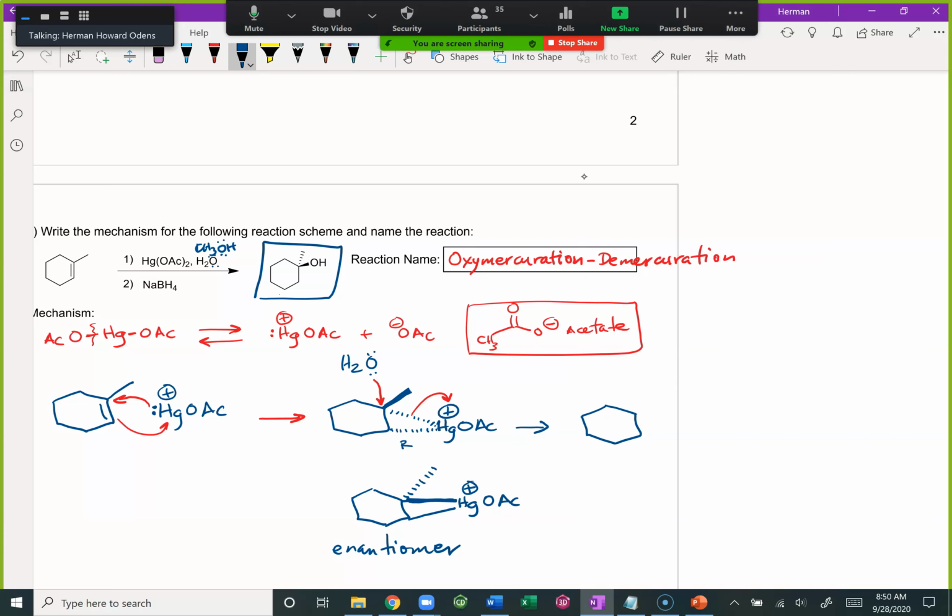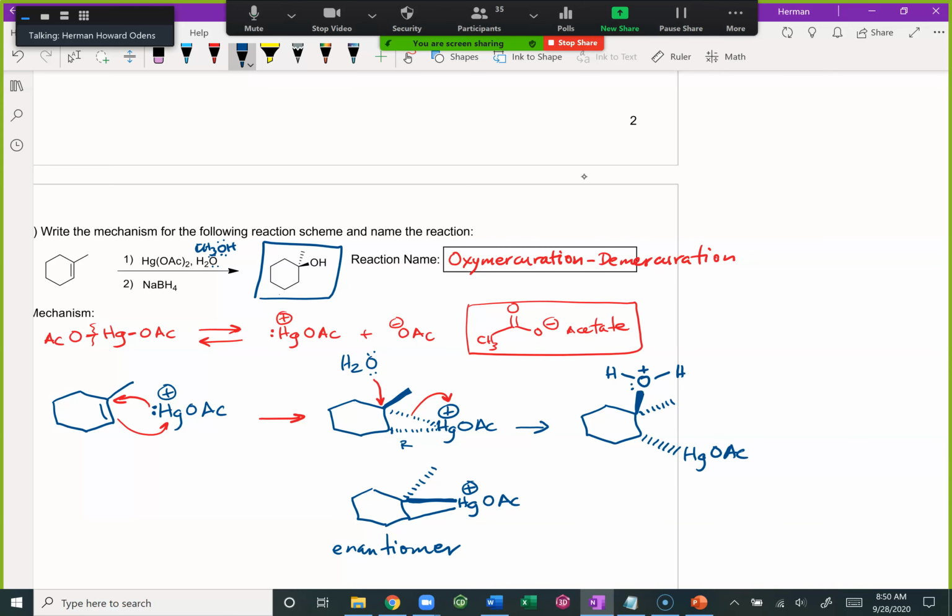And so notice that when the water attacks here, this methyl group is pushed down. It's going to be forced down. The H2O will come from the top. And you have one lone pair with a plus. And this bond underneath stays dash.